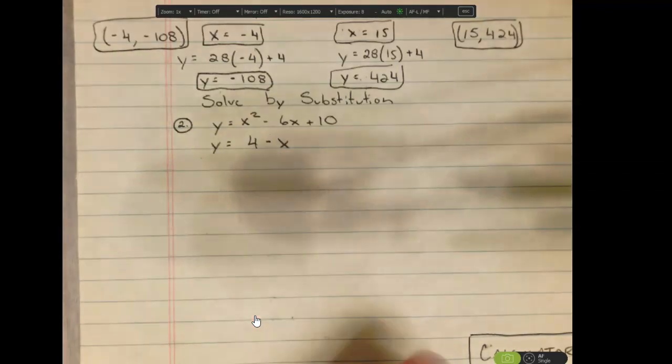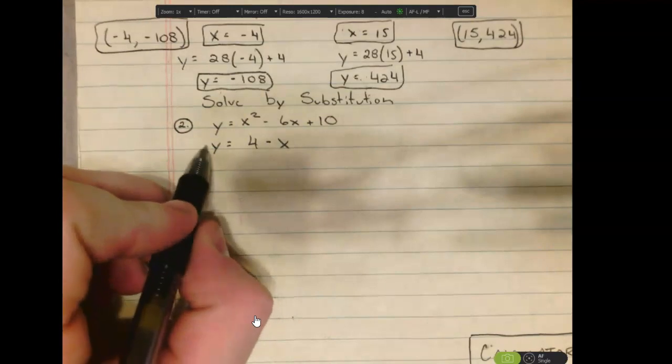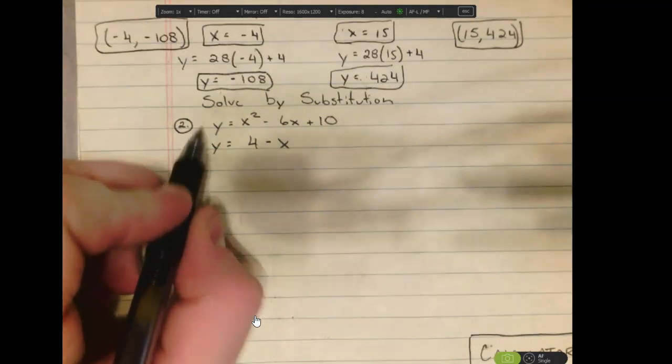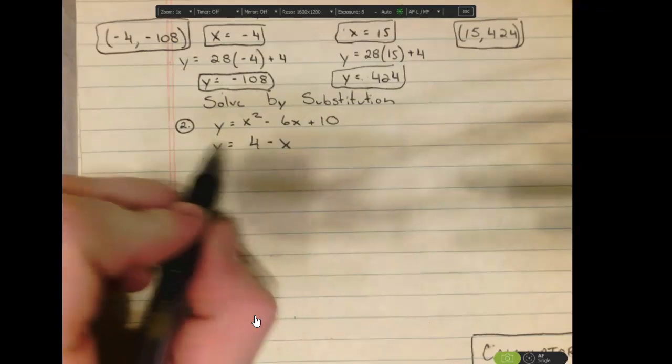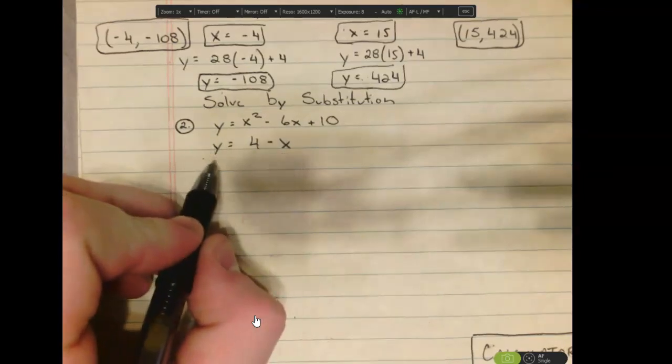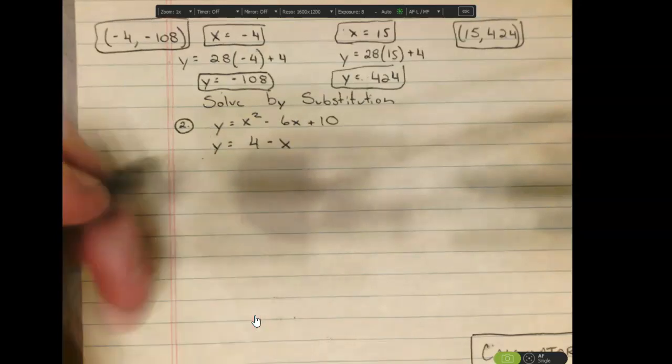So I can go ahead and substitute kind of from the get-go. I'm going to substitute my second equation into my first. So I'm going to put 4 minus x, because it's equal to y, and substitute it in for the y up top.